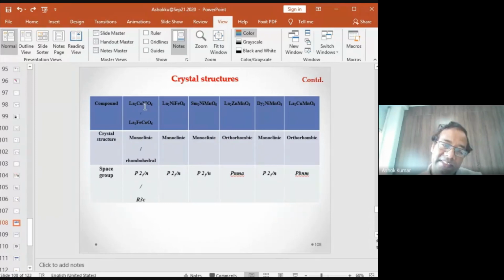So you can see here, these are two different materials. One material giving monoclinic, other giving rhombohedral. Then you see La2NiFeO6, this particular material, monoclinic. The second material is monoclinic, and then we have La2, this is orthorhombic, Di2NiM, and this is monoclinic orthorhombic. But if you compare the different studies, you will find a single material is precipitating in different crystal structures.